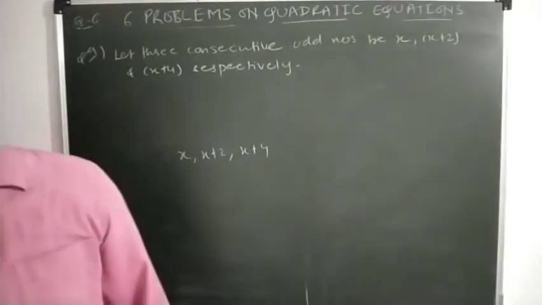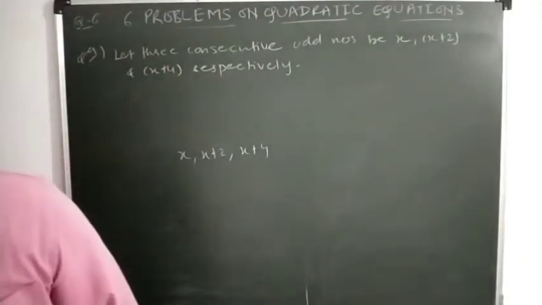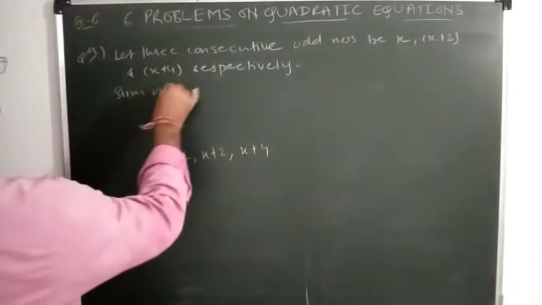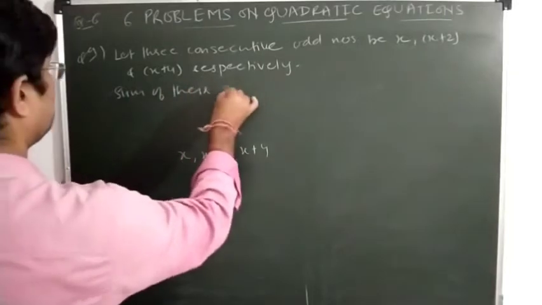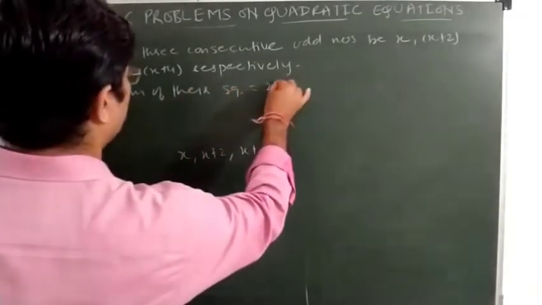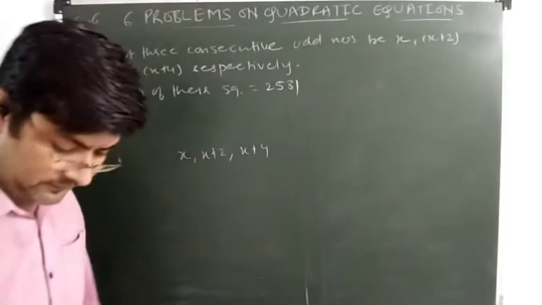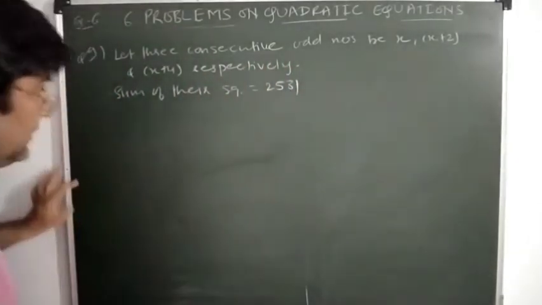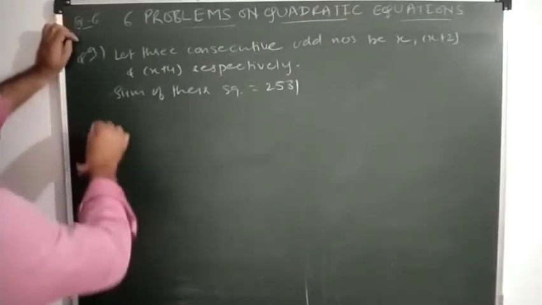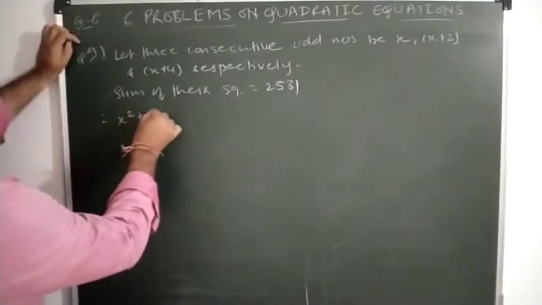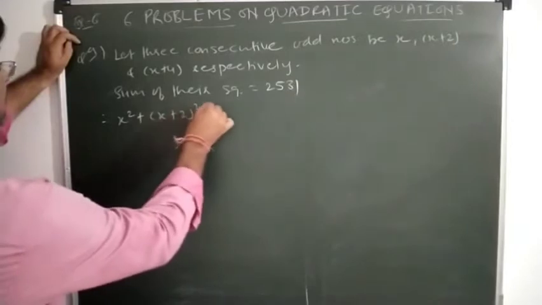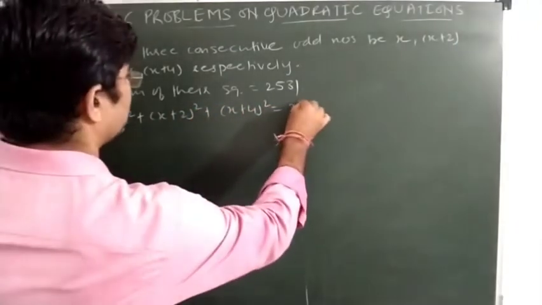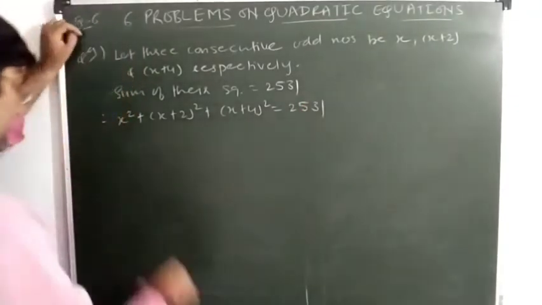Okay, it is given that the sum of their squares is 2531. So we have to take the squares of the three numbers and add them so that we get 2531. So let us square: x square plus (x plus 2) the whole square plus (x plus 4) the whole square is equal to 2531.